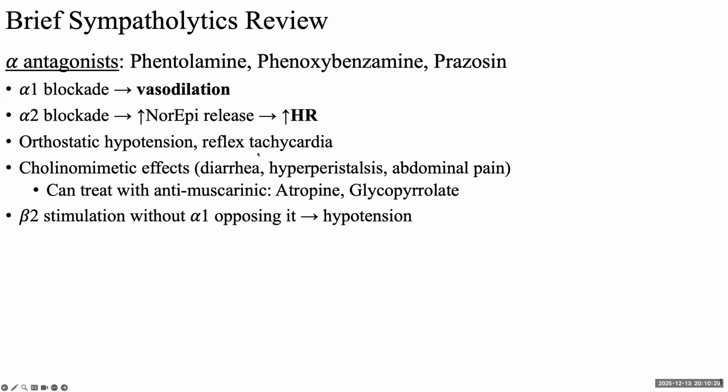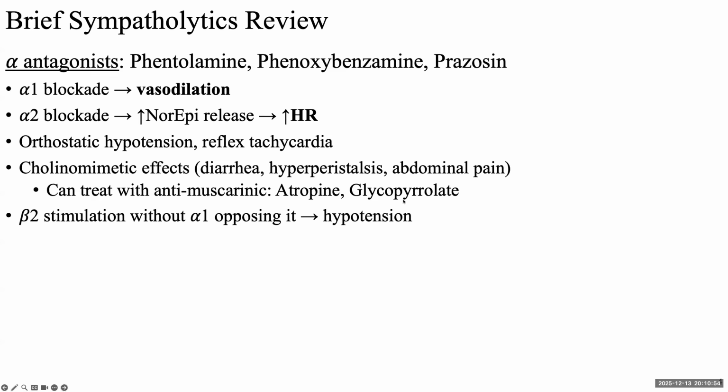And we can also get cholinomimetic effects. So diarrhea, hyperperistalsis, abdominal pain. These are some of those organs related to digestion that have alpha 1 receptors. So we can actually treat these effects by giving an antimuscarinic, such as atropine or glycopyrrolate.